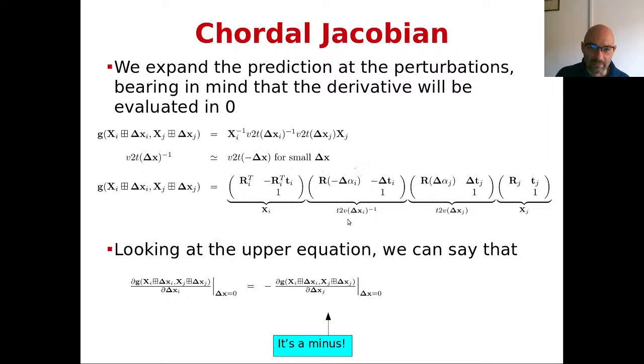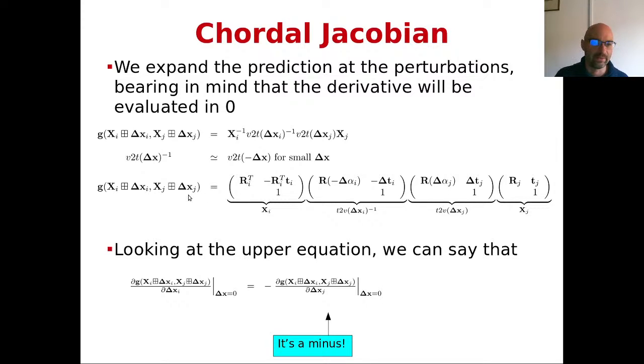But if you observe that this matrix here, looked in the alpha I and Ti, is equal to this matrix over here, looking in alpha j and Tj, only with the opposite in front, we might straightforwardly say that the derivative of this function with respect to alpha I and Ti evaluated in 0 is equal to minus the derivative of this function calculated with respect to alpha j and Tj evaluated in 0.